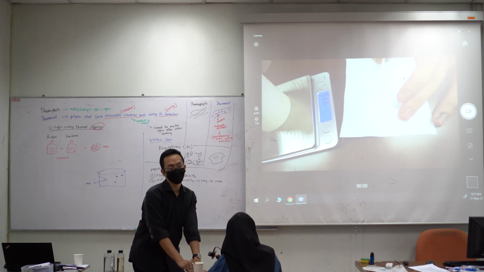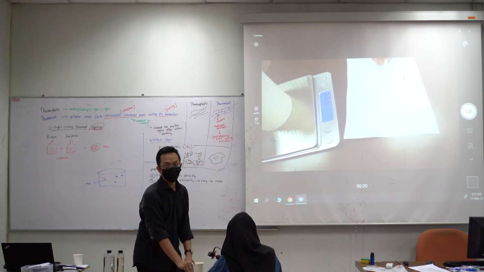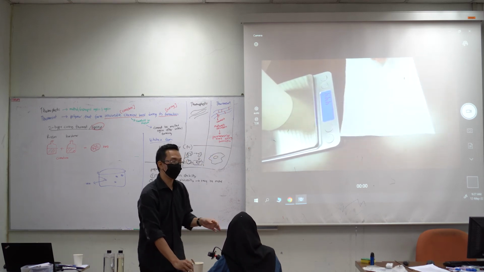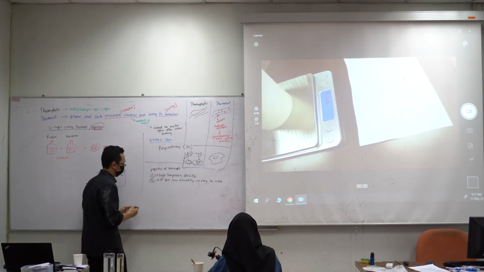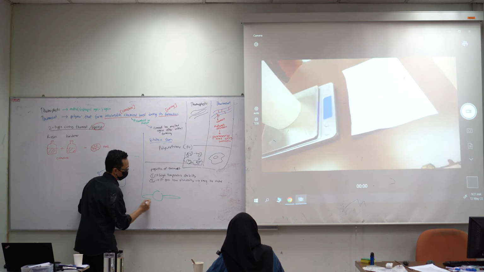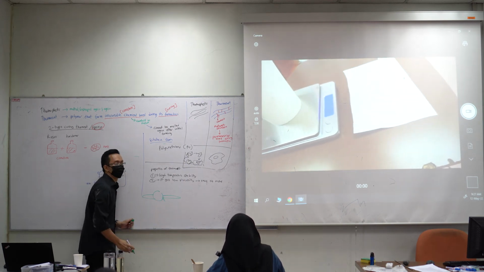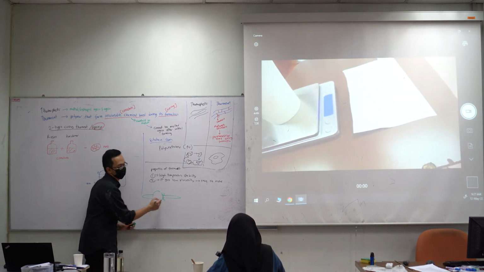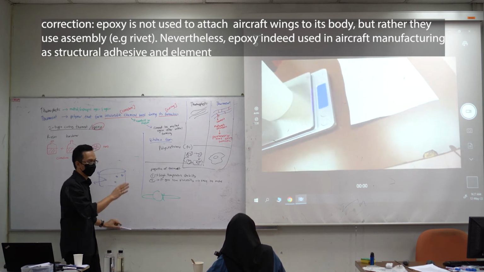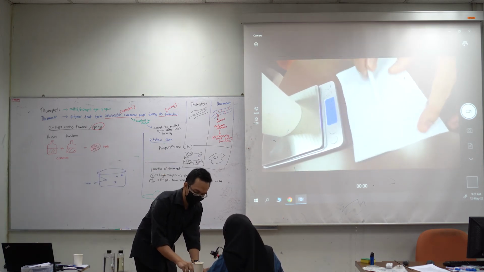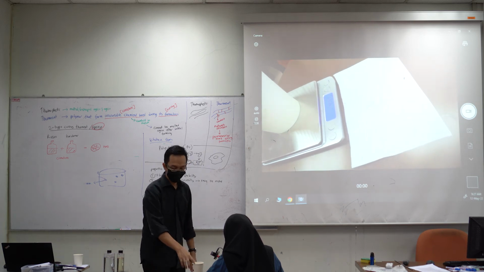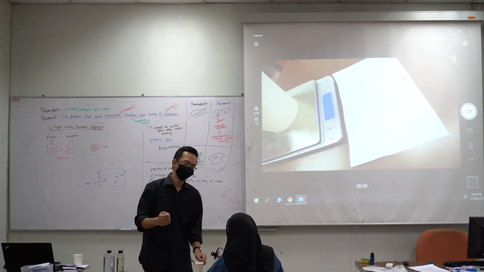For the aeroplane wing, they don't use screws here. They normally use epoxy to attach here and there. So if I forget to take the stirrer, it will harden and it's very hard for me to take it out.